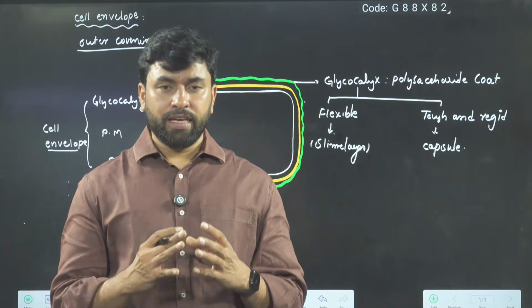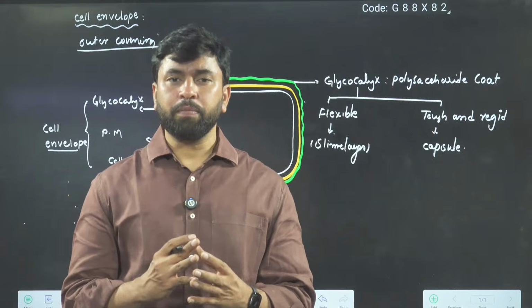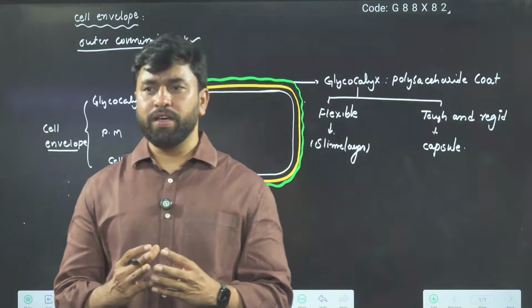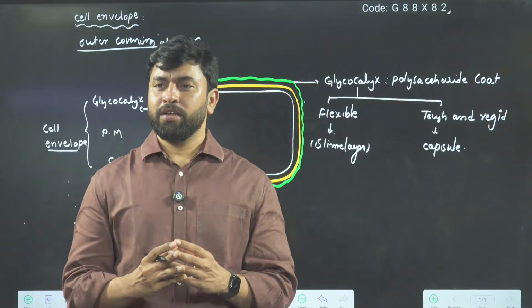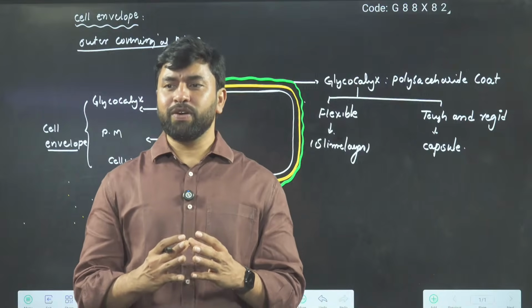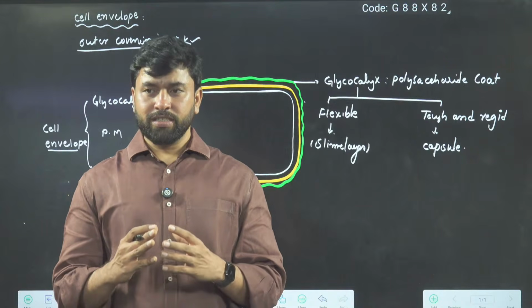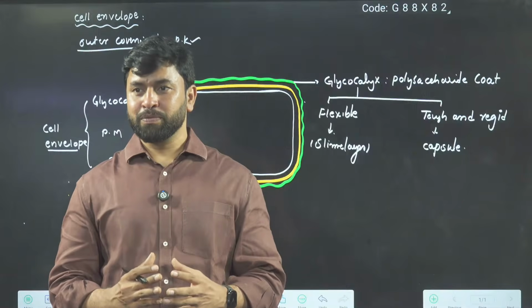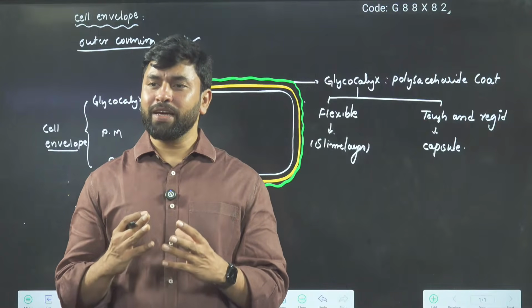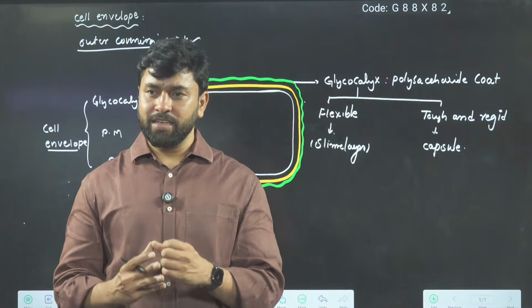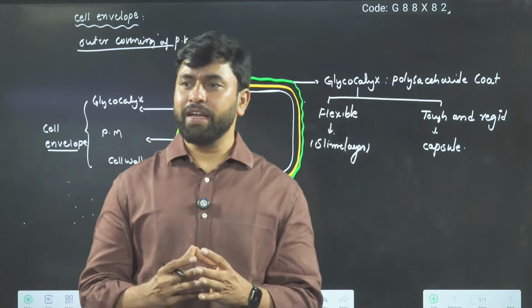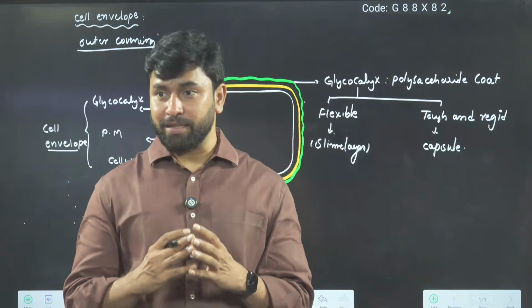There, S strain and R strain of Streptococcus pneumoniae were mentioned. S strain is virulent, R strain is non-virulent. Those which have the glycocalyx are called S strain. Those which do not have glycocalyx are called R strain.